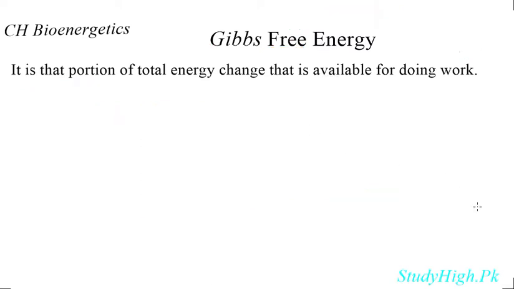Let's move forward. You must know there are three types of conditions. One is exergonic reactions, like I have explained, when phosphoenol pyruvate is converted into pyruvate. In exergonic reactions, delta G, the Gibbs free energy, is negative.